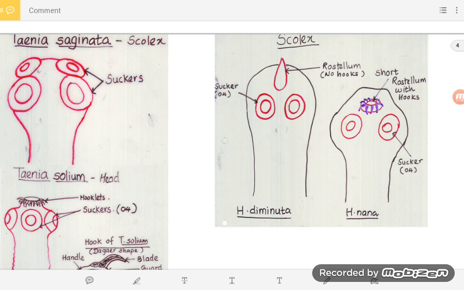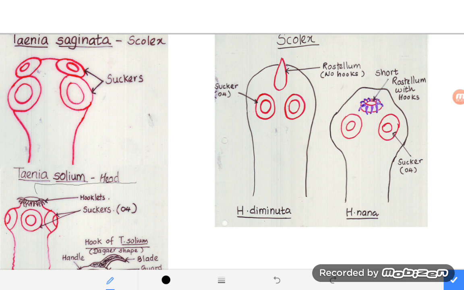But in the case of the Taenia solium head, it contains hooklets and this is the rostellum. Surrounding the rostellum we can see the 4 suckers and the 2 rows of hooklets.